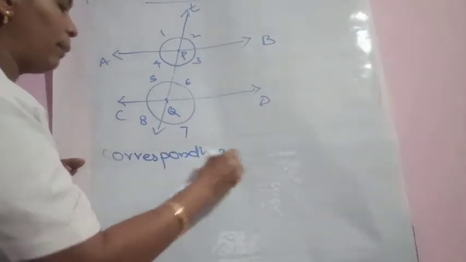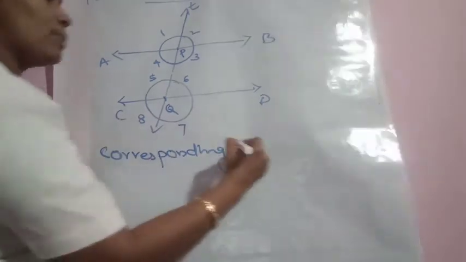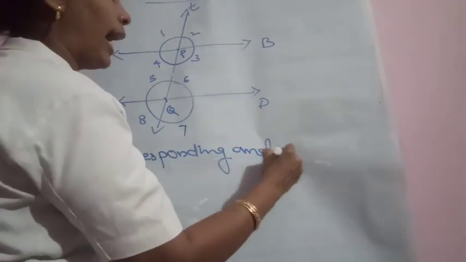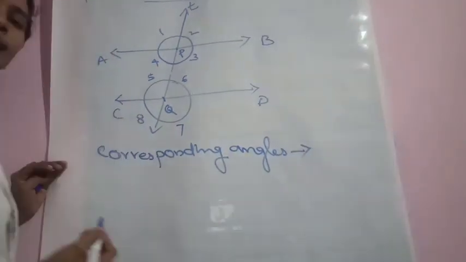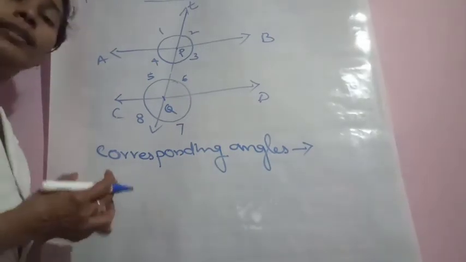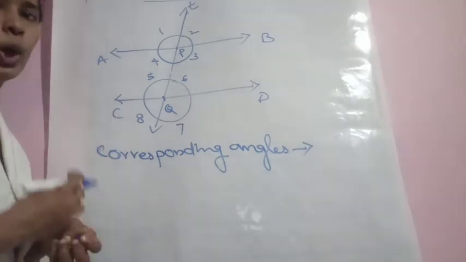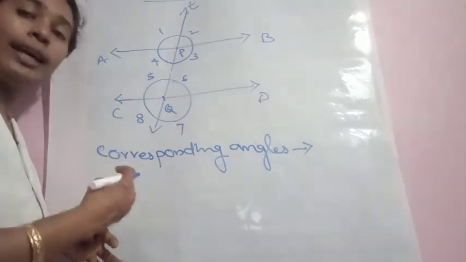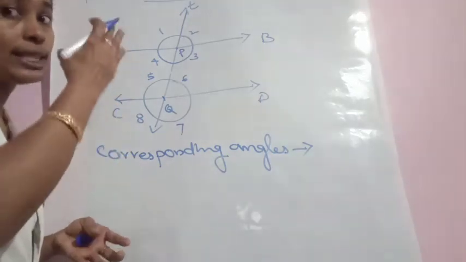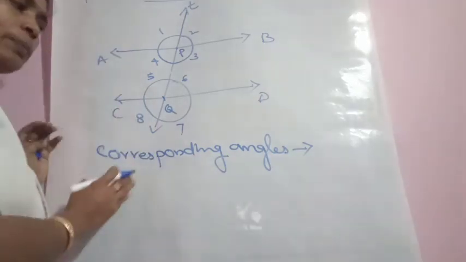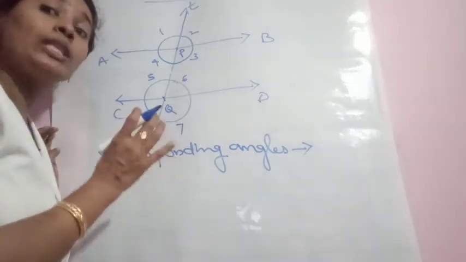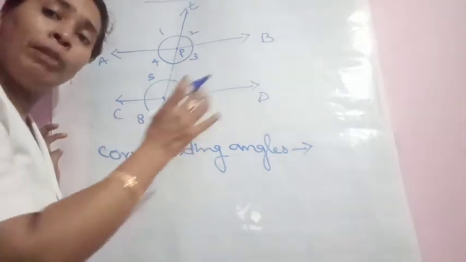Corresponding, from the name itself. What is the word meaning of corresponding? Corresponding angles means angles occupying the same position.